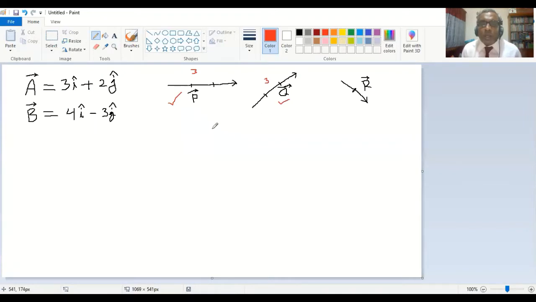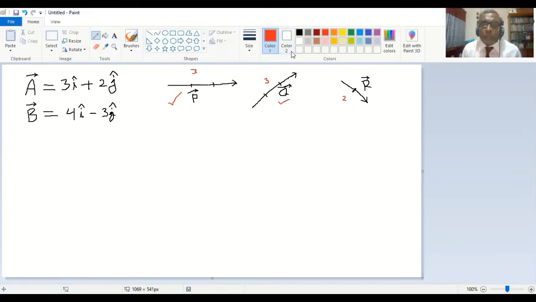But they are not the same vector because the directions are different. P is going in one direction and Q in another. And R is also different because it has a different magnitude, 2 units, and a different direction. Do you understand my point?